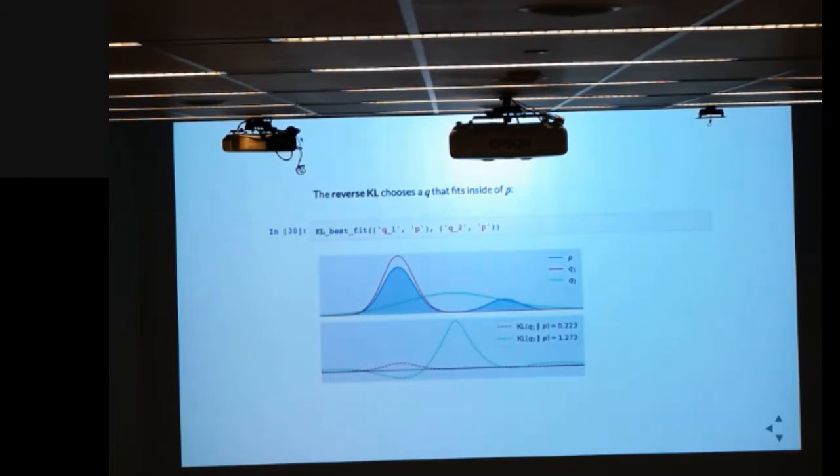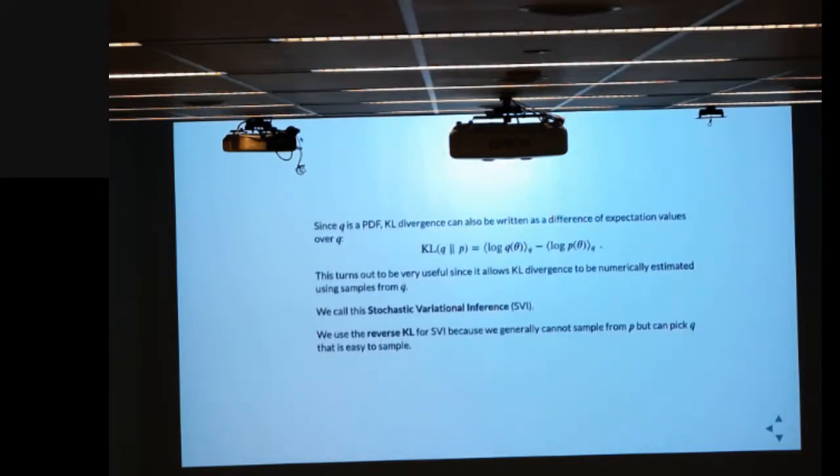So which one do you want? They both have useful properties. One summarizes all the modes, but kind of averages it all out, and one will pick a mode. Well, in practice, for variational inference, you don't really get to choose, because just the practicalities of being able to do the calculations force a particular choice on us.